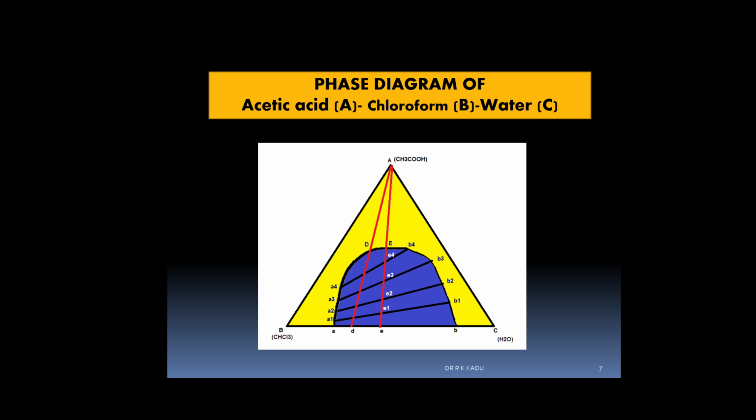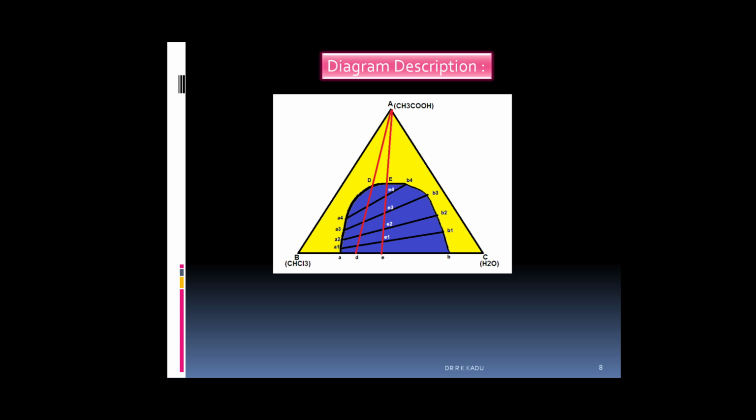This is a phase diagram of acetic acid chloroform water system in which the A, B and C show the composition of acetic acid, chloroform and water respectively. In the diagram, the liquid B and liquid C are partially miscible in each other at constant temperature and pressure.